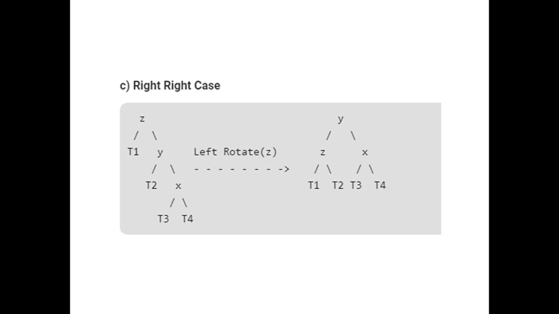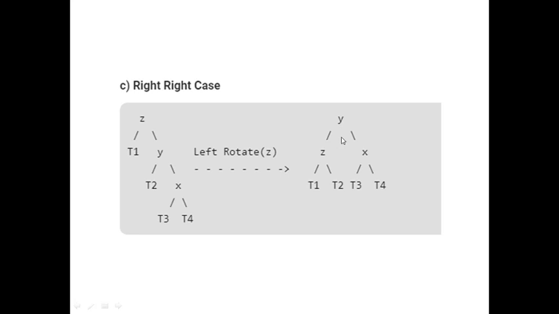Here the balance factor is right high, RH. So we have to rotate it towards the left side, and you can see the outcome of that rotation. Y has reached the root, and z has been made the left child of y.